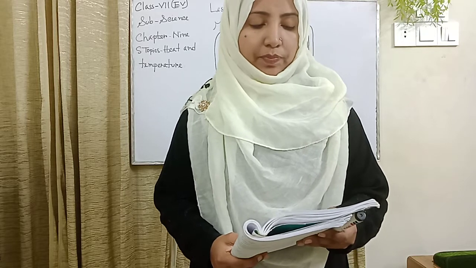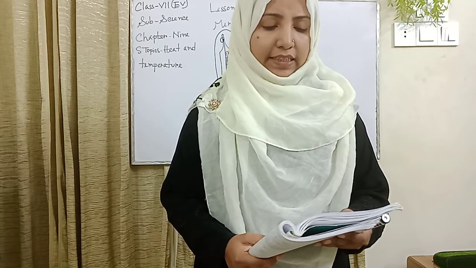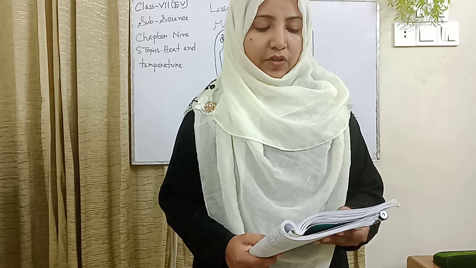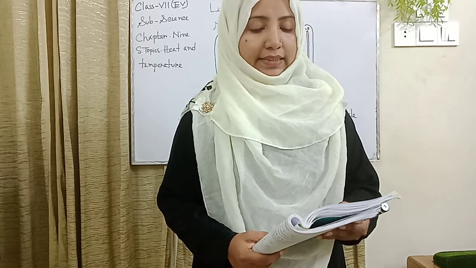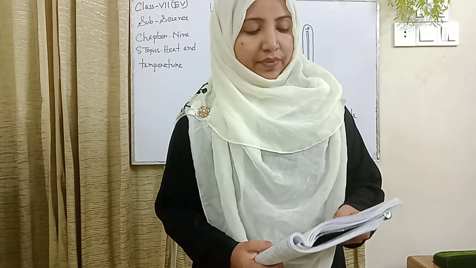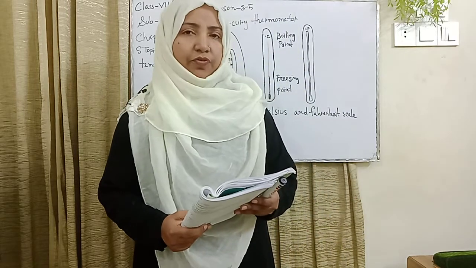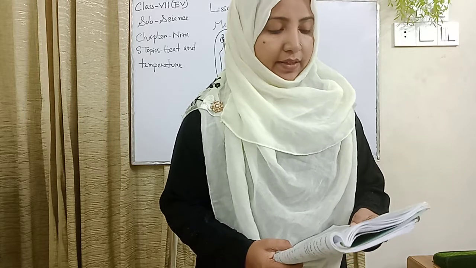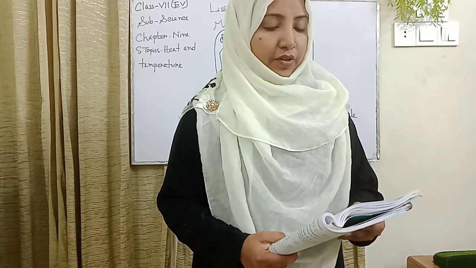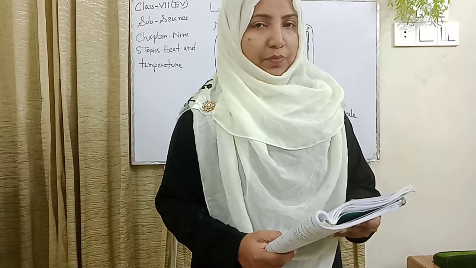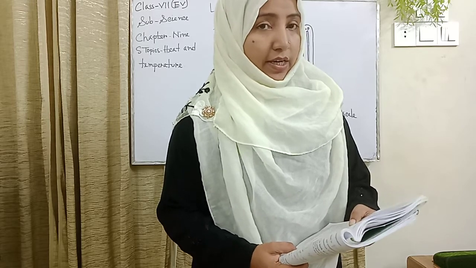In order to measure anything, the first step is to fix a unit of the thing as a standard for measurement. In measuring temperature, two fixed temperatures are considered as standard. They are known as the fixed points. One is the freezing point and another is the boiling point.